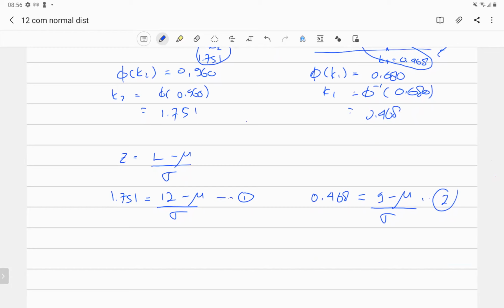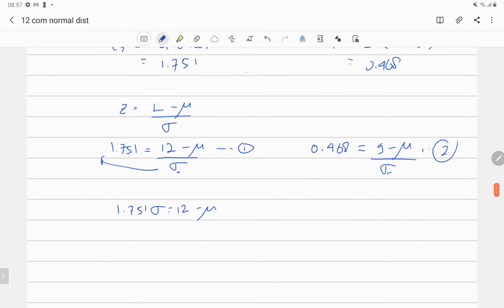How? First, to avoid having fractions here, multiply sigma to the other side. So we have 1.751 sigma is 12 minus mu. Same for equation number 2, we have 0.468 sigma is 9 minus mu. Now in this case, as we see, the mu can easily be cancelled out.